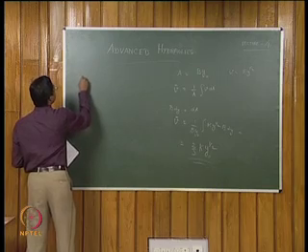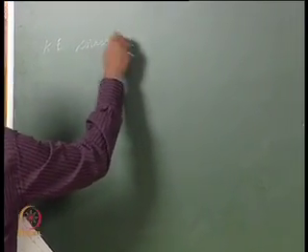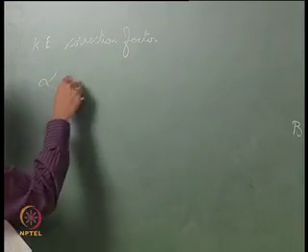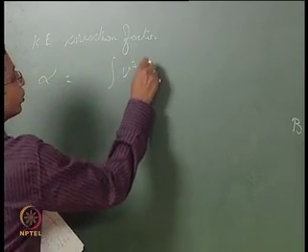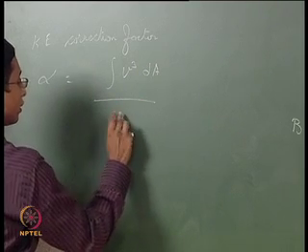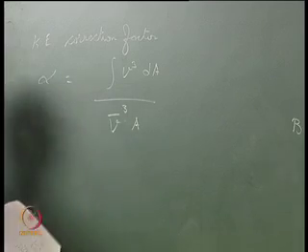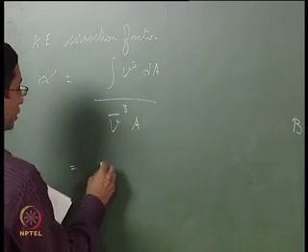Kinetic energy correction factor, alpha, is nothing but integral v cube dA by V cube A. What will you get?